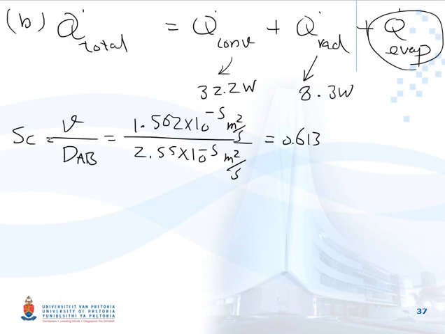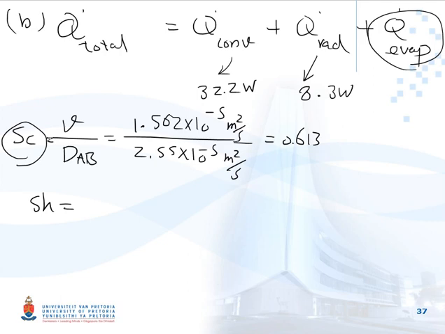Okay, now we have the Schmidt number, which is similar to the Prandtl number. We need to find the Sherwood number. We can use the same correlation that we used for convection heat transfer, but we just replace Prandtl with Schmidt.